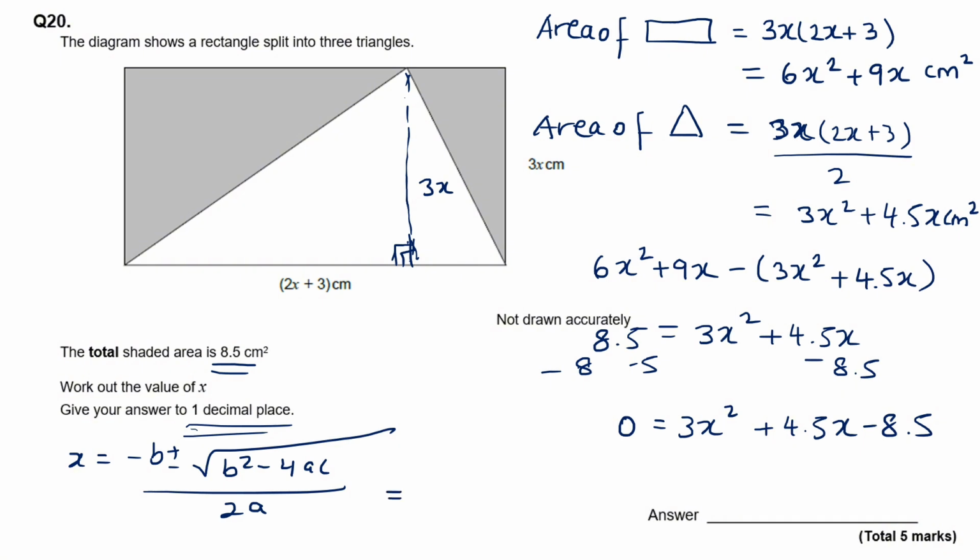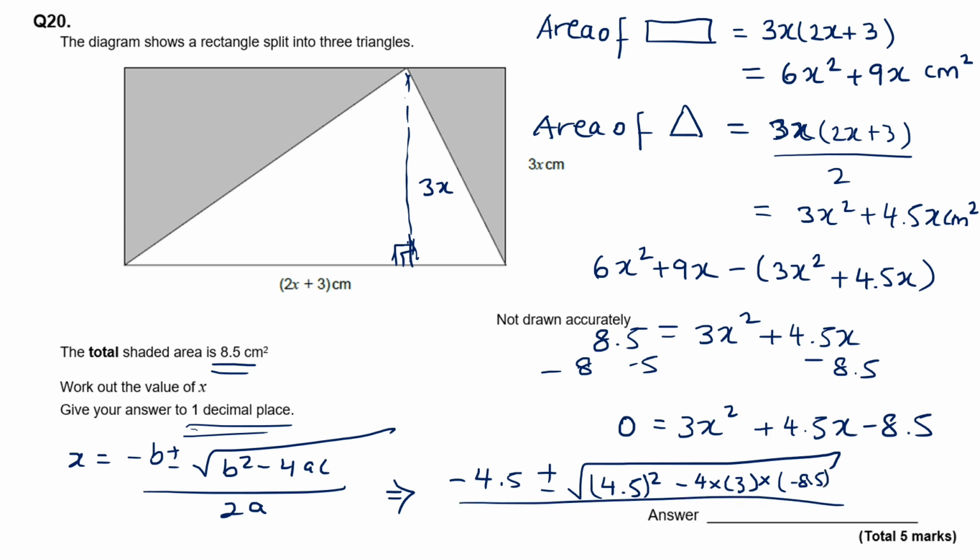So I'm going to get negative 4.5 plus or minus the square root of 4.5 squared, take away 4 times 3 times negative 8.5. Everything that I substitute, I always put it inside the bracket. 2 times 3, even this you could put inside the bracket. And that gives me, I'm going to write it in red over here, guys, so I've got some space. When I type this into my calculator, it gives me x to be 1.1 and x to be negative 2.6.